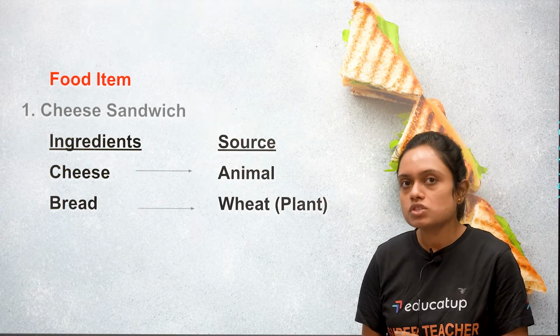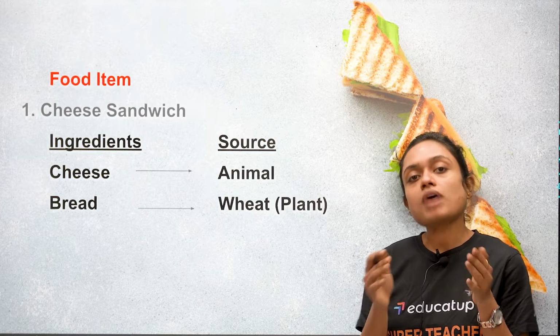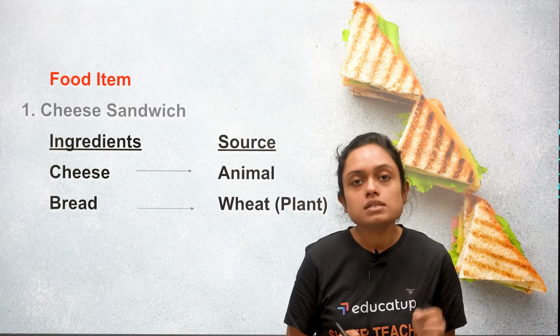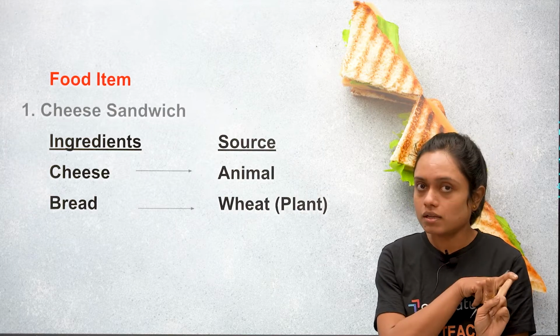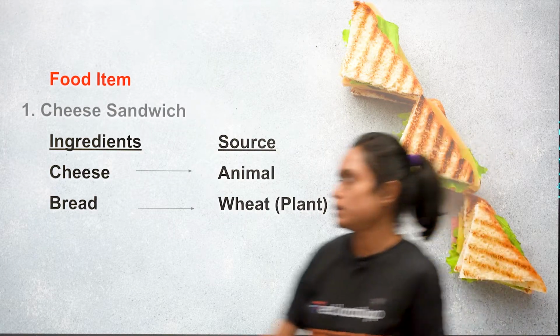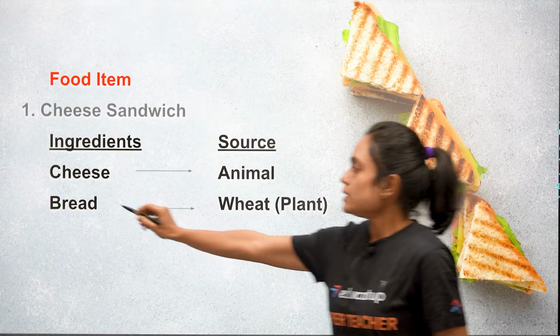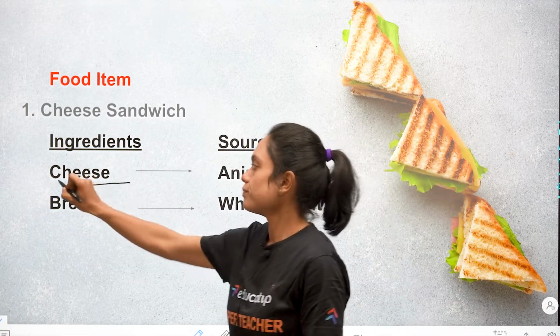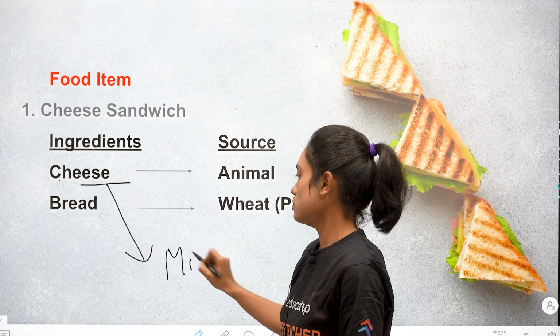Now, a cheese sandwich was made up of cheese and bread, the two ingredients. Now, if we try to understand what is the source of these two ingredients, that is cheese and bread, we need to figure out a little bit. See, in case of cheese, cheese is a milk product.